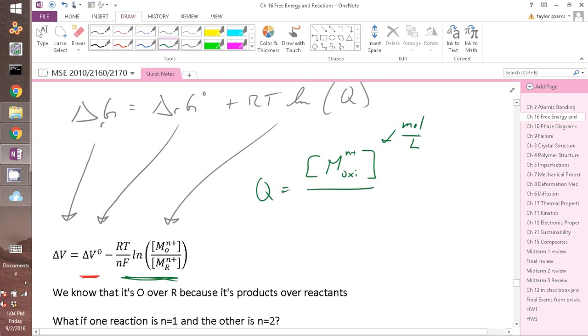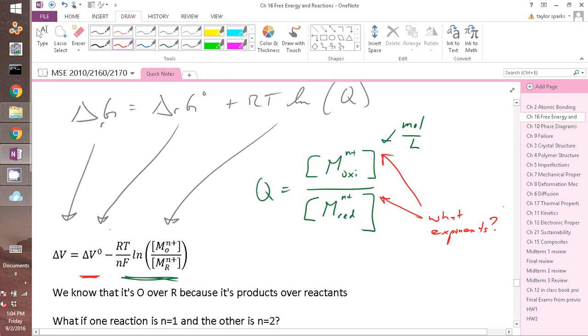And this is over the concentration of the reduced species. There's one catch: I've left off the exponents because the exponents will depend on the chemical reaction. That's going to depend on the actual reaction.